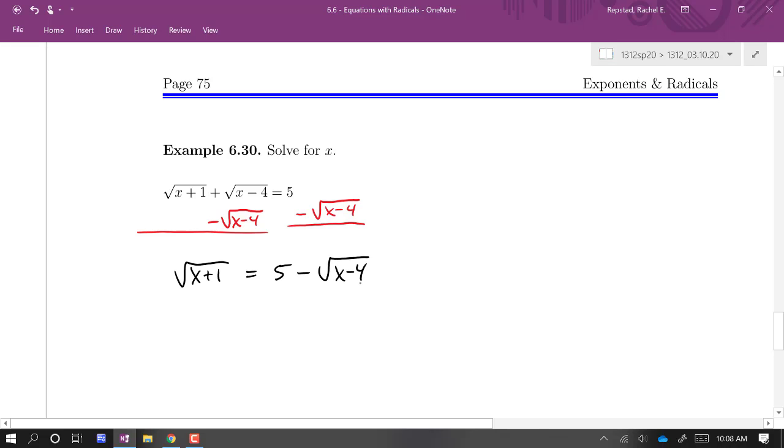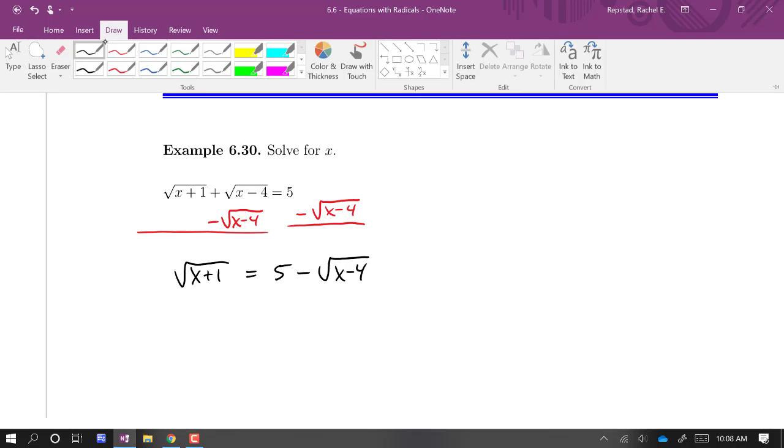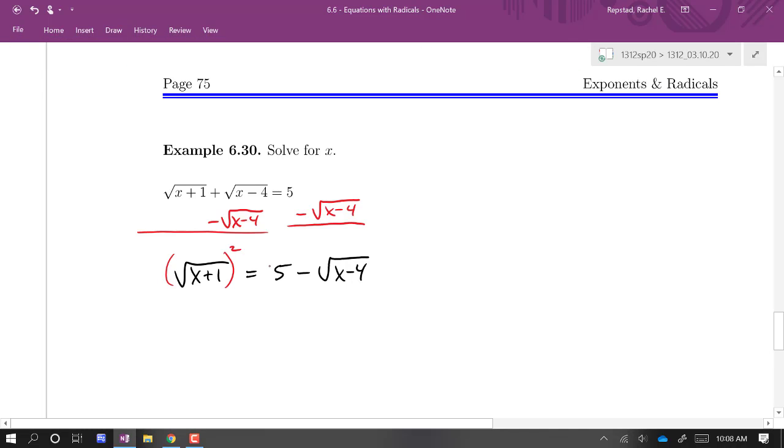Now that we have isolated a radical, we're going to square both sides. The left side is pretty clearly going to just result in x plus 1. What do we do on the right side? FOIL, yeah. So 5 minus radical x minus 4, 5 minus radical x minus 4. And I'm going to set up my little grid here.